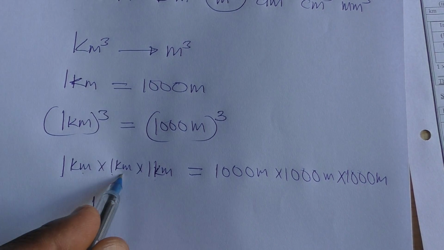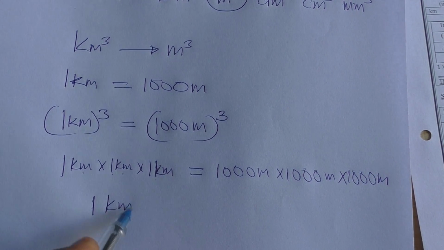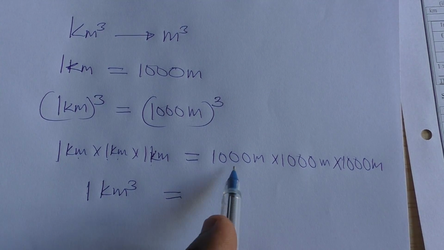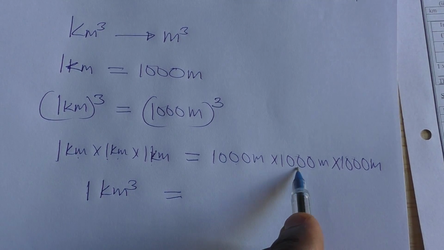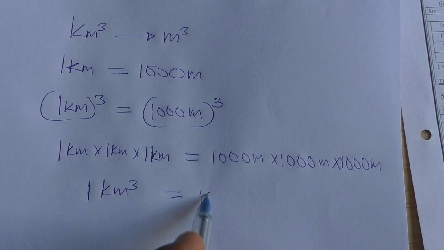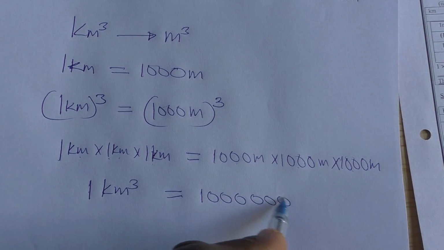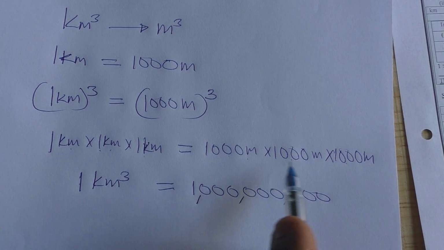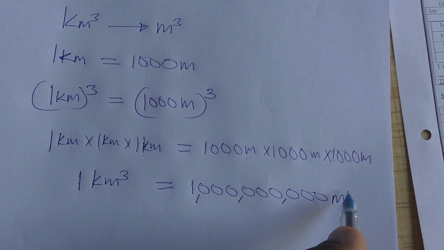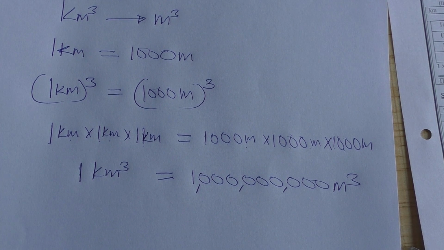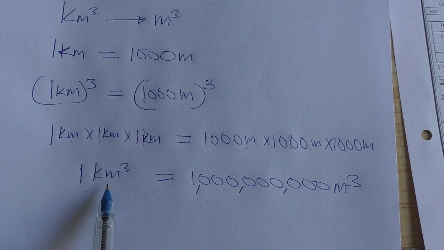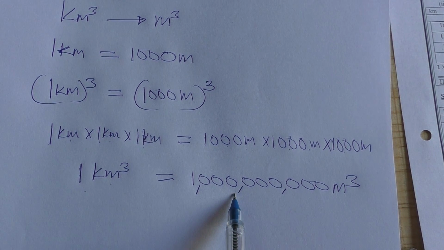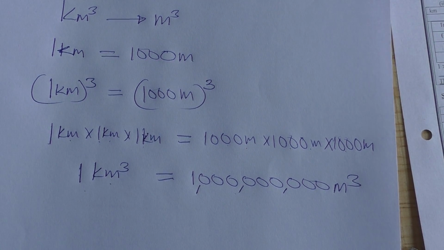Kilometer times kilometer times kilometer is kilometer cubed. So we get 1 kilometer cubed being equivalent to 1,000 times 1,000 times 1,000, which is 1 billion. Then meter times meter times meter is meter cubed, meaning that 1 kilometer cubed is equivalent to 1 billion meters cubed.